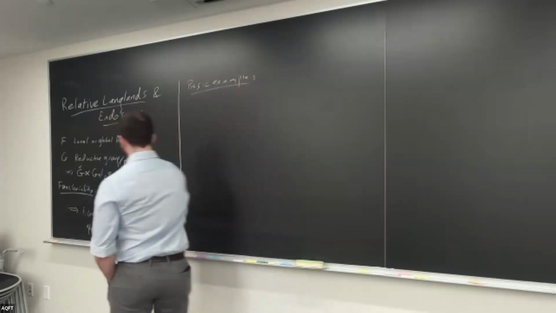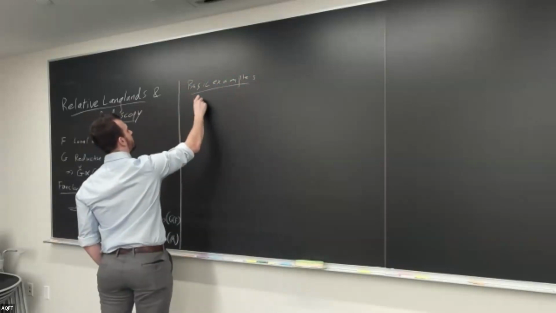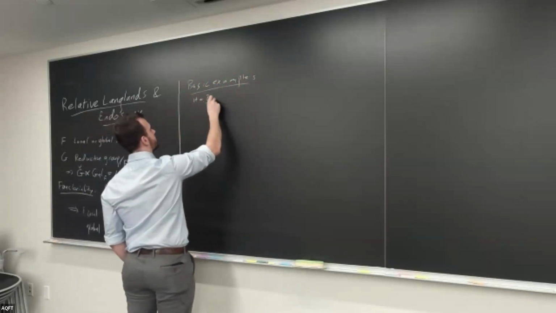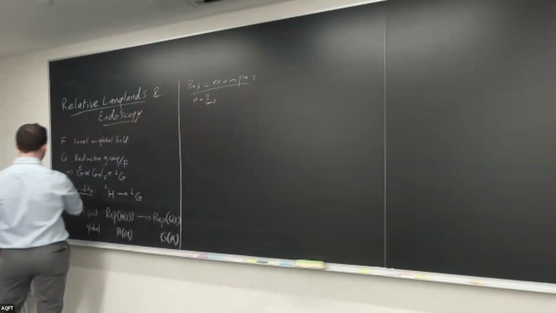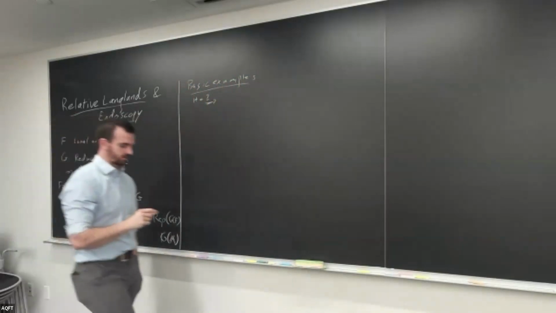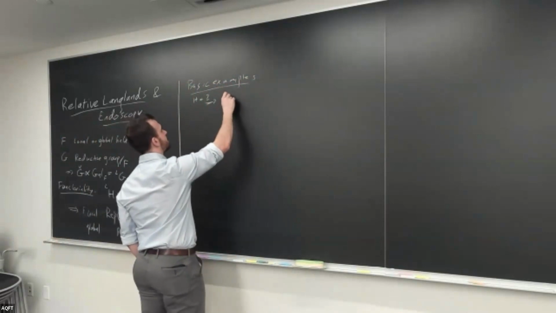Well, the first one is if H is trivial. Then this gives rise to the other philosophical goal of Langlands, which will be useful to formulate relative Langlands, namely reciprocity.